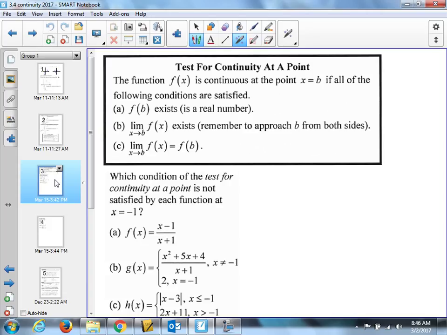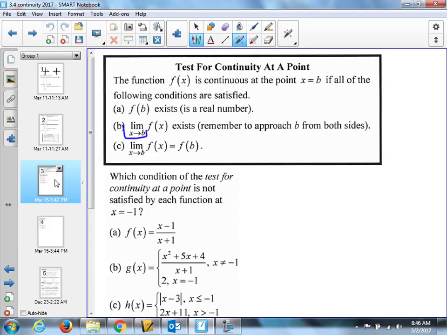Here are the 3 steps, whether you're given a picture or an equation. The function is continuous at a point, B, so 7 or 2 or whatever, if all 3 conditions are satisfied. Test in this order. First thing, when you plug in B, so let's just pretend it's 3, if you plug in 3, it must exist. F of 3 must exist. So it must be in the domain.